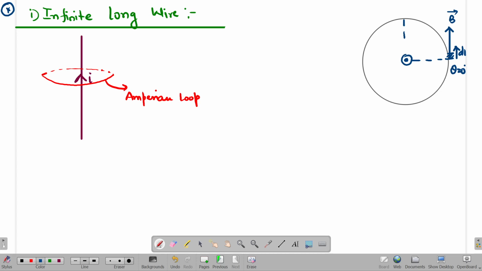Similarly, if I select a point on the topmost point, here also the magnetic field is along this direction, and dl is also along the same direction. So once again theta is 0 degree. Are you able to get me or not? So everywhere, magnetic field and dl are in the same direction.